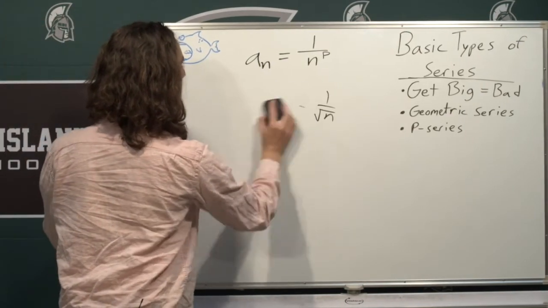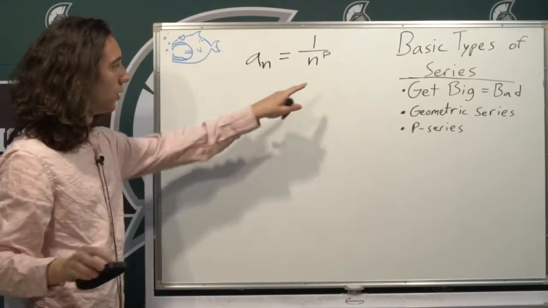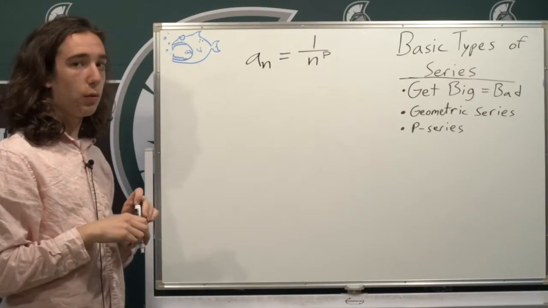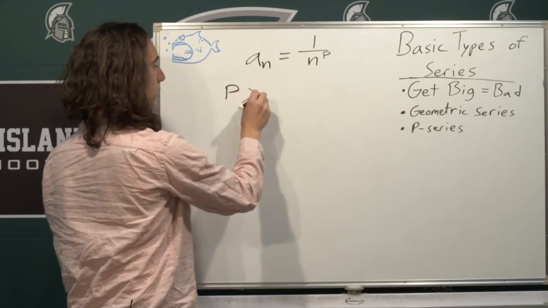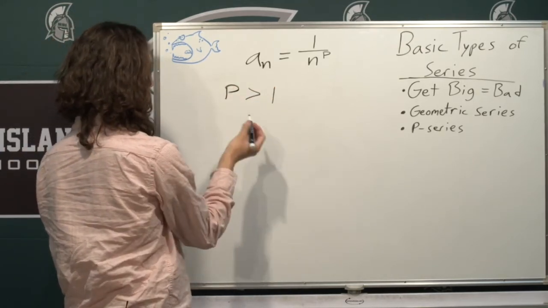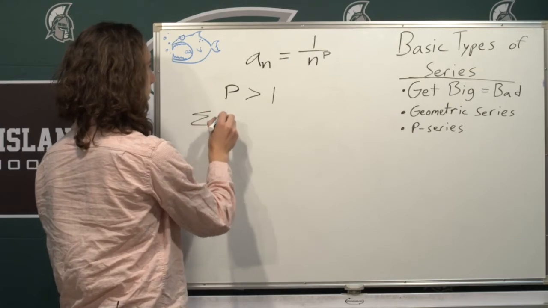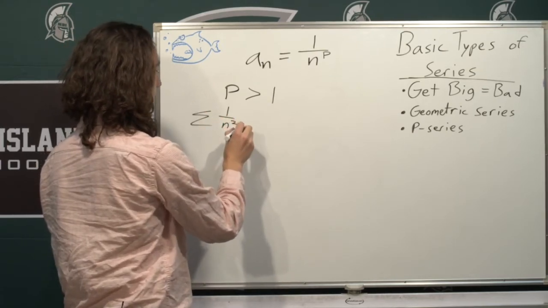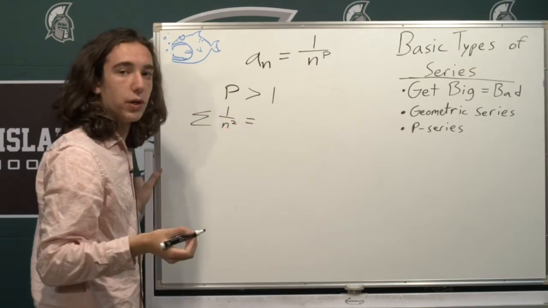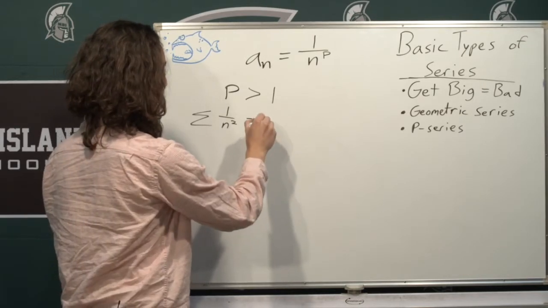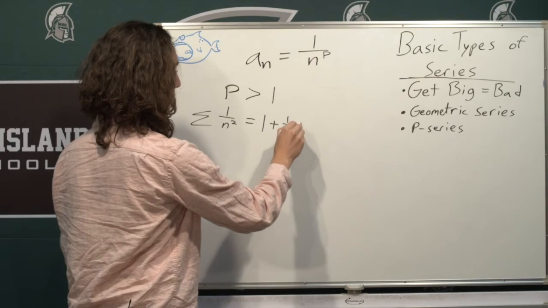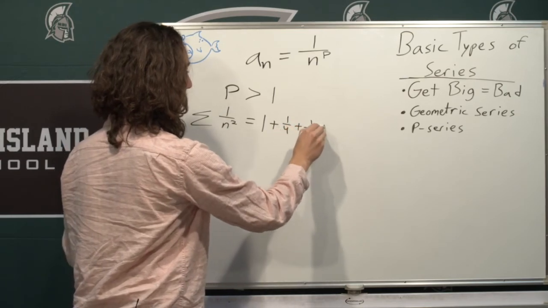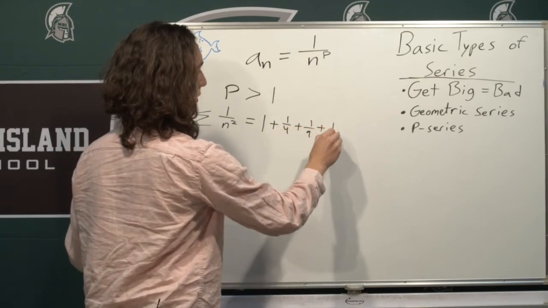And so this p-series, which looks like this, will always converge if p is greater than 1. Because if we've got the sum of 1 over n squared, that's going to be 1 plus 1/4 plus 1/9 plus 1/16.